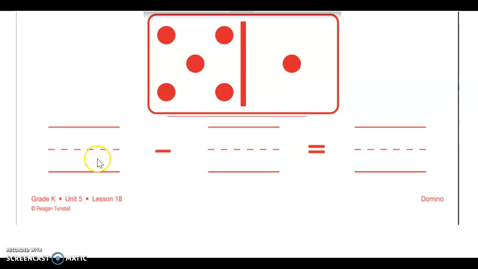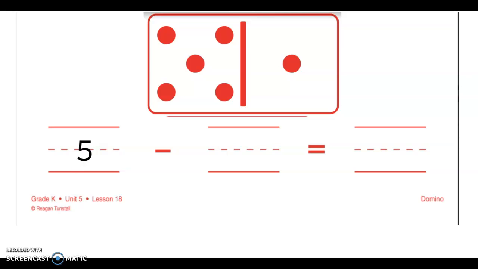What number is going to go in our first blank? It's going to be 5. Why is 5 going to go first? Because it's the first number, or the first quantity, yes. But 5 is going to go first because it is the greater number. It is the biggest number.